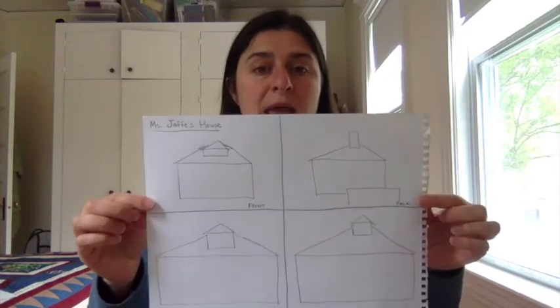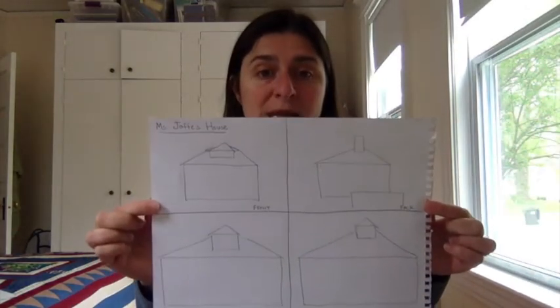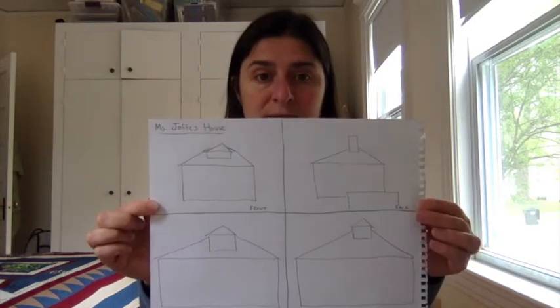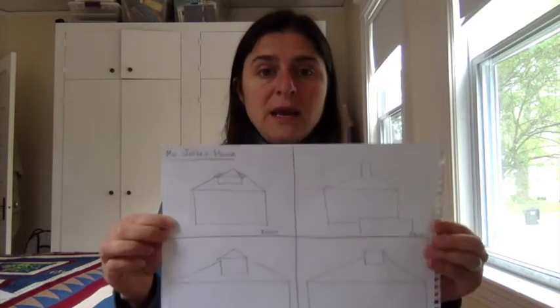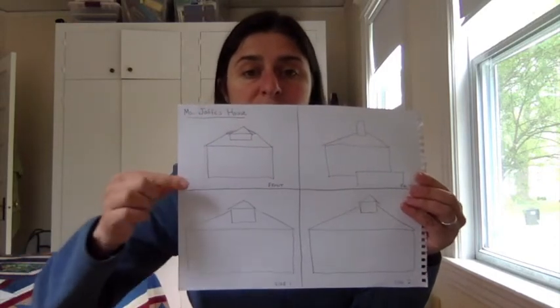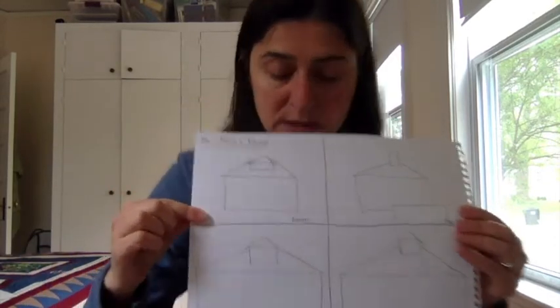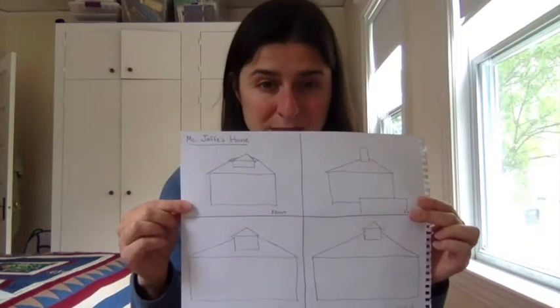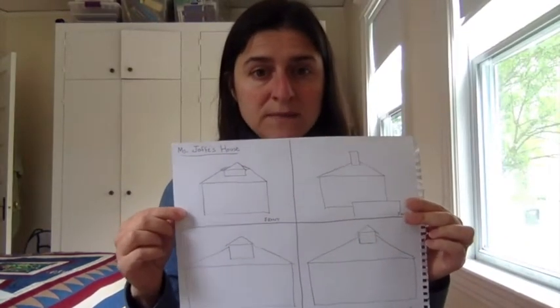I went to the front, back, and sides of my house and I drew the shapes I noticed on the front, back, and sides. So as you can see, I split my paper here into 4 sections, and I'm going to tell you a little bit about what I noticed about the shapes on my house.